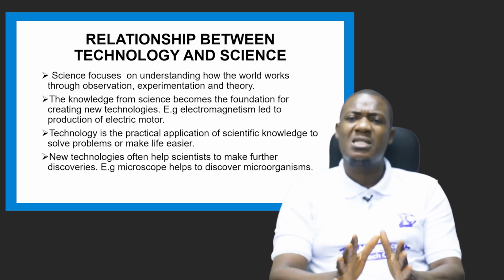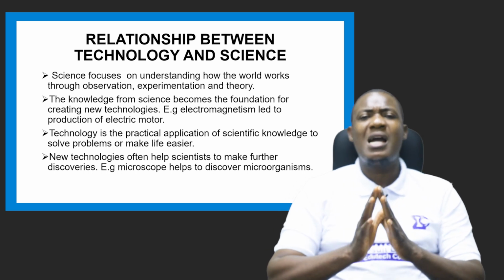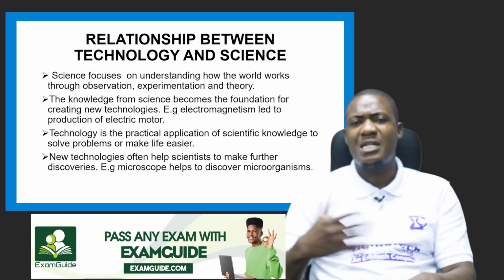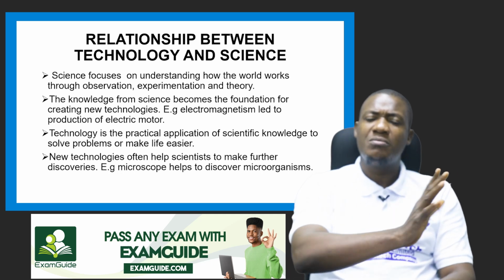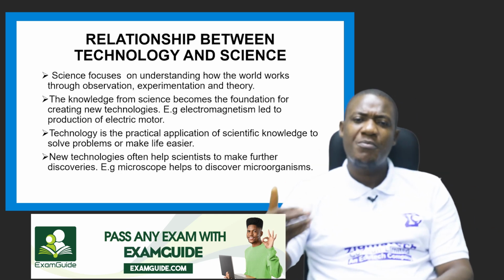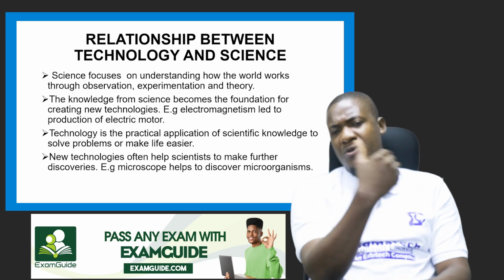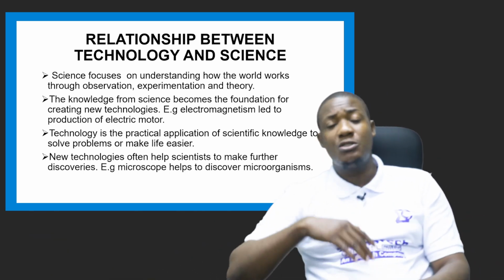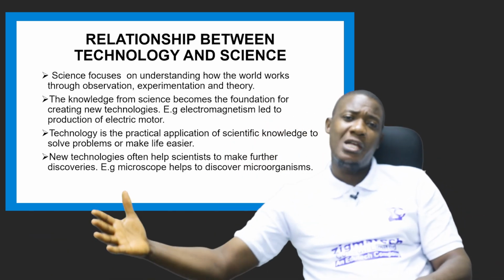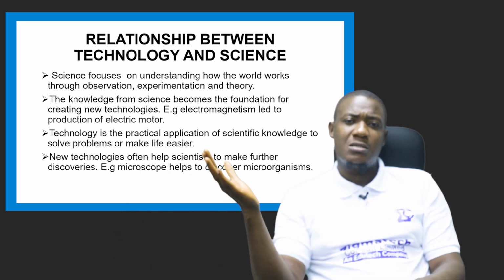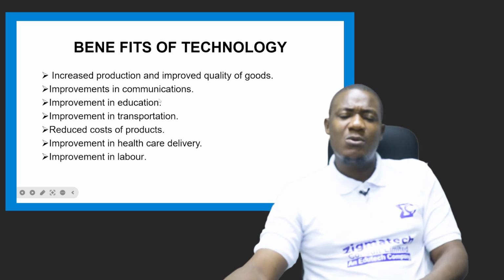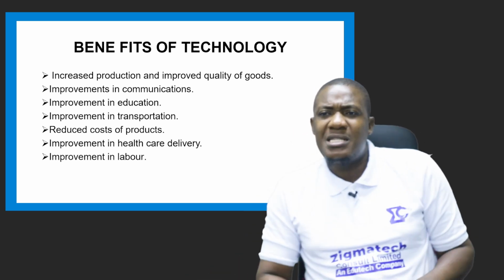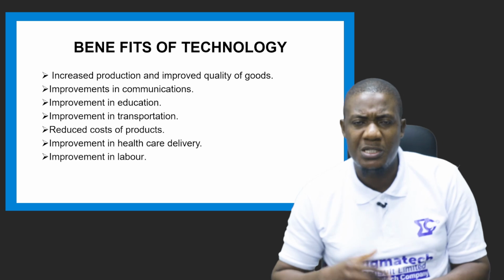So have you seen that there is a clear-cut relationship between science and technology? Both of them, right, complement each other. Scientific theories are used to develop new technologies. New technologies can be used to also get other scientific discoveries. Have you seen that? Okay, so having said that, we want to look at certain benefits of technology, please.